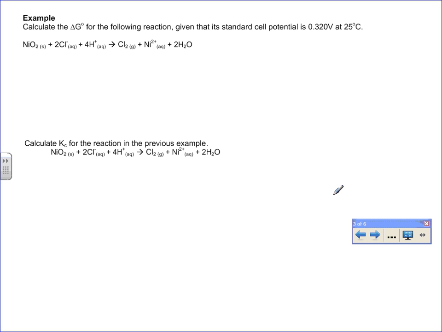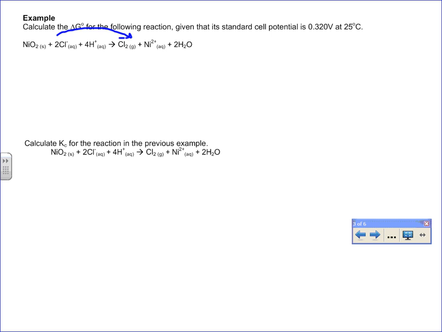So let's look at these two relationships in action here. We've got this reaction, and it's got a standard cell potential of 0.320. In the first question, we're asked to find the Gibbs free energy of this reaction. Now, all the relationships that we have here require us to know the number of electrons that are transferred in the reaction.